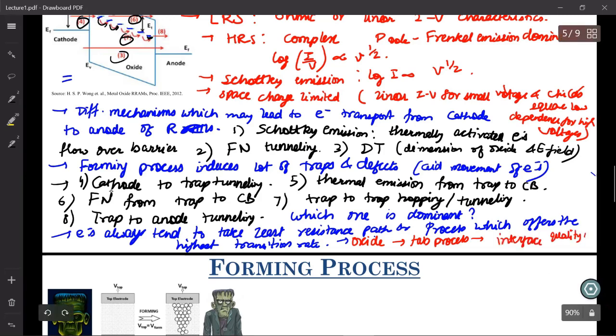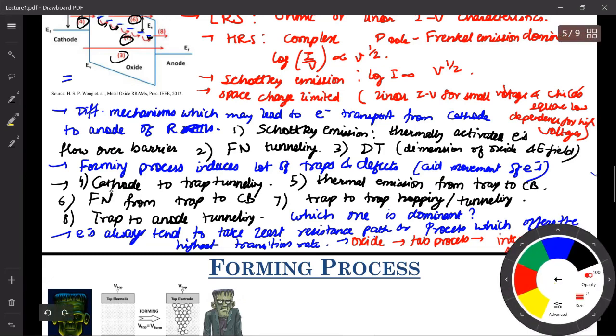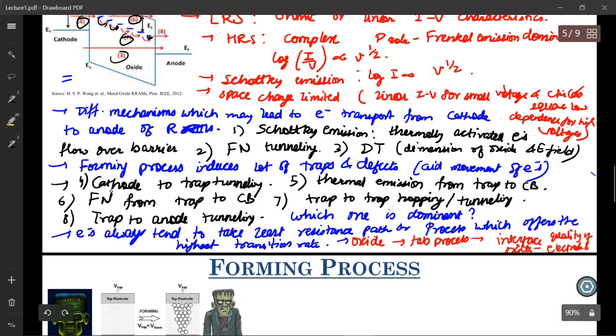Interface quality of oxide and electrode. As we know, the switching mechanism is a property of both the oxide as well as the electrodes. So these are a few parameters on which it depends which of these mechanisms is going to be dominant. And the forming process, so forming process induces your traps and defects.